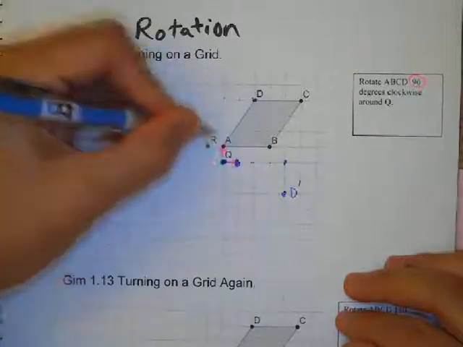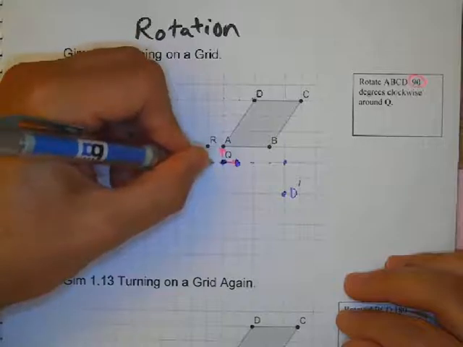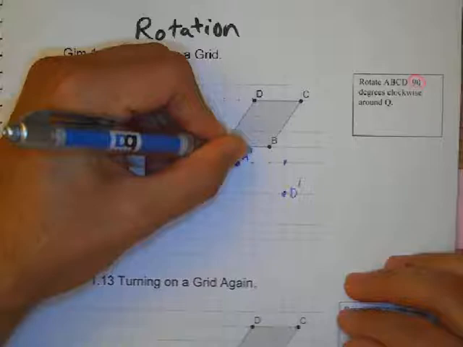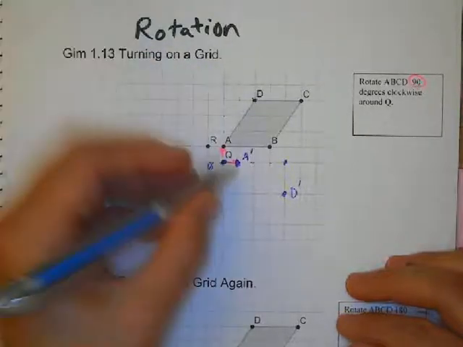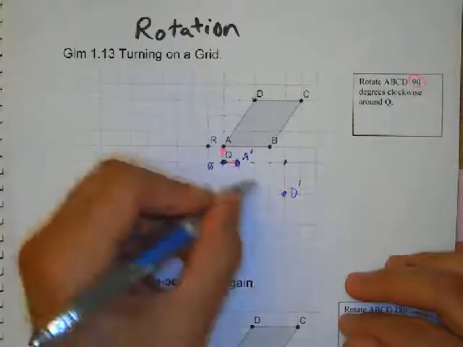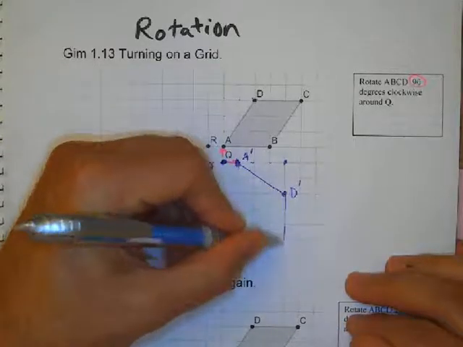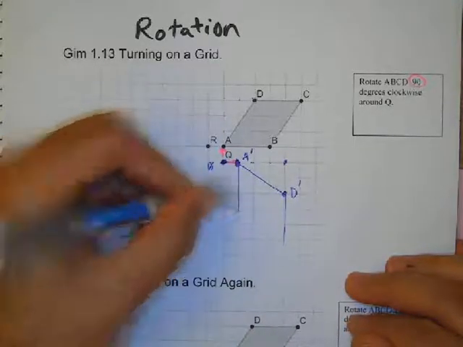Oh sorry, oops, this is my A prime. Then if I keep doing that process, I end up with my new shape like this.